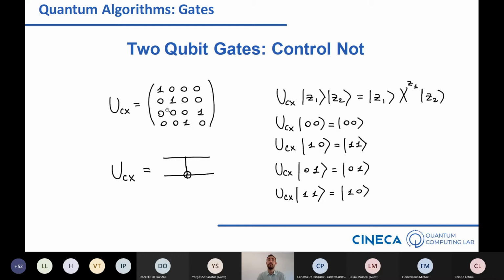So whenever the first bit or qubit is in state 1, you flip the second one. So for 0, 0 stays the same, also 0, 1 stays the same because the first is in 0. For 1, 0 and 1, 1, you flip the second qubit. Okay, so the first one is 1, the second is 0, then the second one becomes 1, and the opposite in this case. Okay.